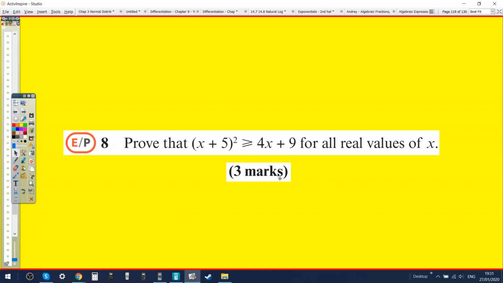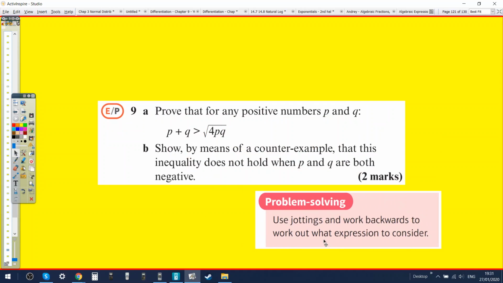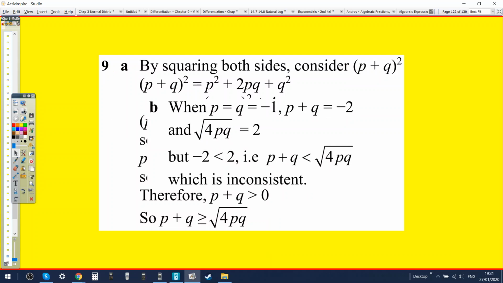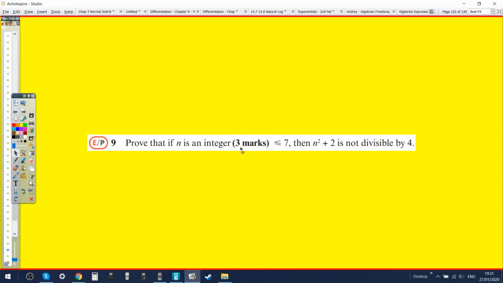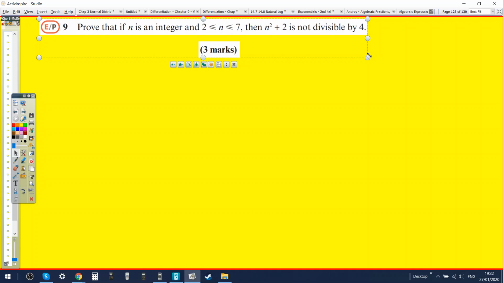So it doesn't seem to come up very much. Sorry, what's this topic called? This is methods of proof. Okay, how can we do this?